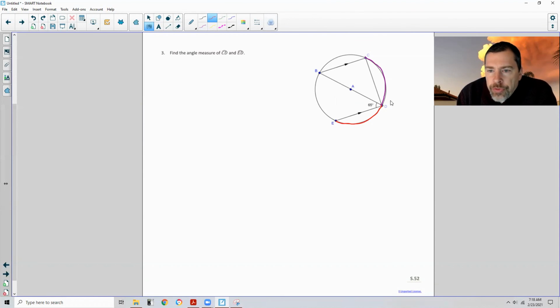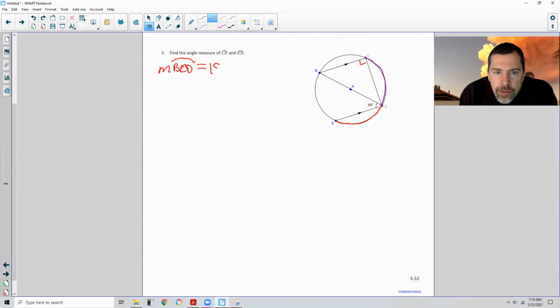Okay, so for starters, we have a diameter. We have 2 parallel lines cut by a transversal, which is the diameter. I know this is 90 degrees. So from B, the measure of arc BED is cut by this inscribed 90-degree angle.